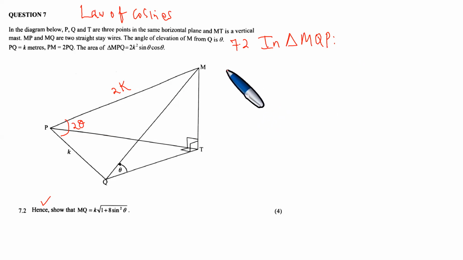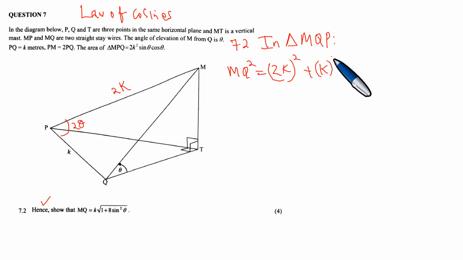MQ squared is the same as, you can take this side here, twice k squared, squared. And then we have this one, which is k squared.